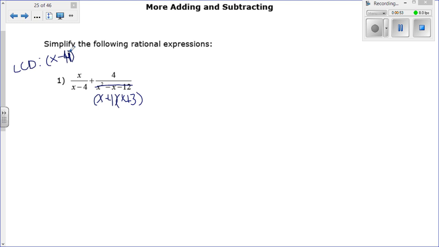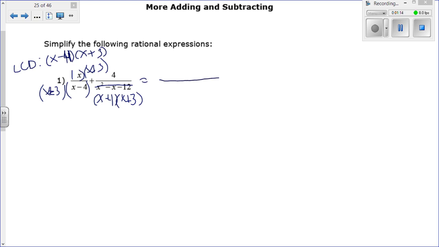And my second fraction is x plus 3. I see that, so I have to include that in my LCD. So I have to multiply the top and bottom by x plus 3.